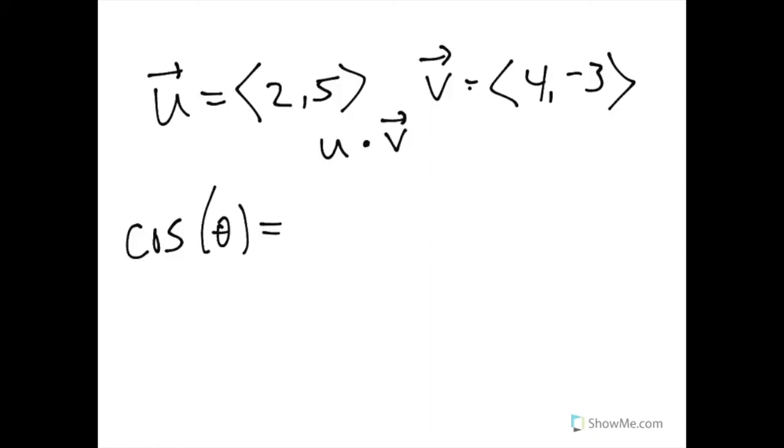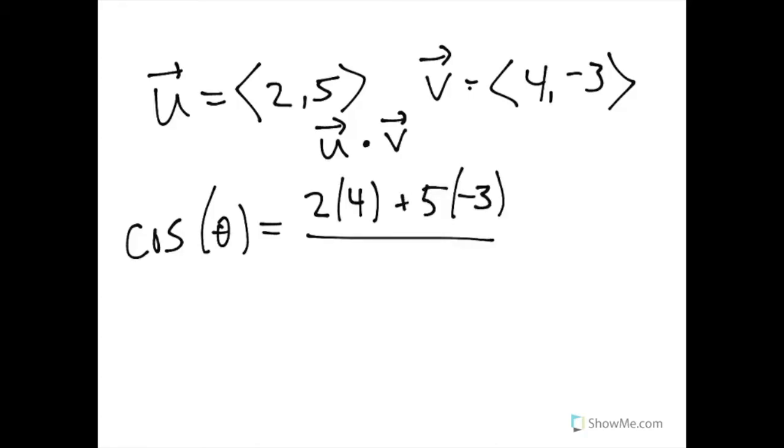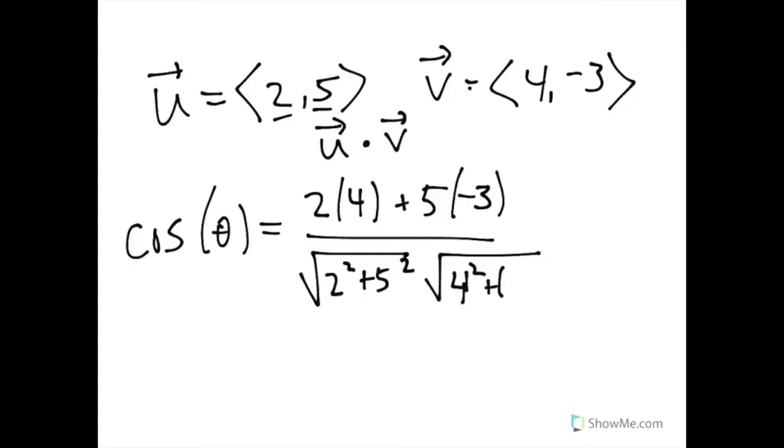So u dot v on the top is the dot product of two vectors, but we will find a number as a result, because it looks like 2 times 4, the x-coordinates, plus 5 times negative 3. There's your dot product. Then the magnitude of u is the square root of 2 squared plus 5 squared. That's essentially the Pythagorean theorem. And the magnitude of v is the same thing, the square root of 4 squared plus negative 3 squared. It doesn't matter that it's a negative 3 because we're squaring it. It's going to become positive anyway.